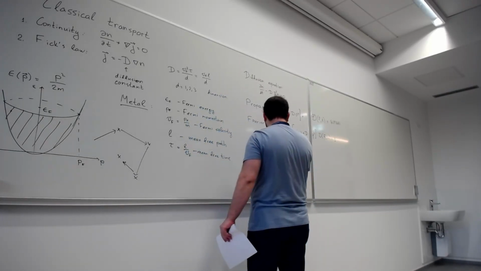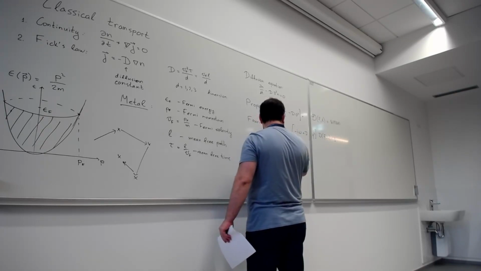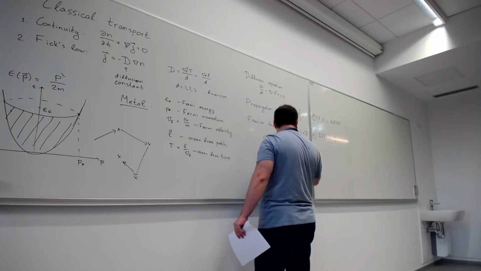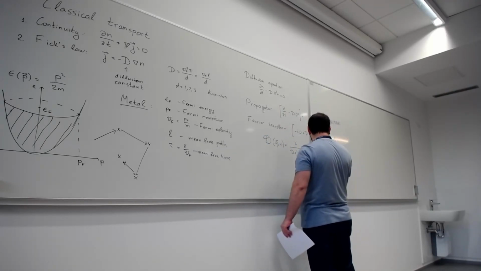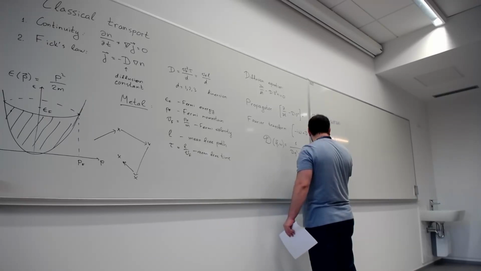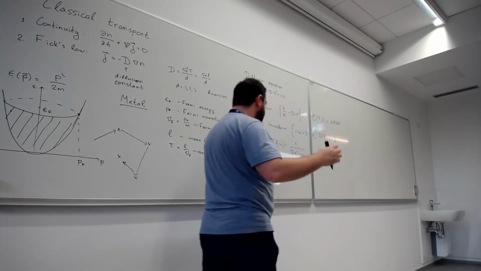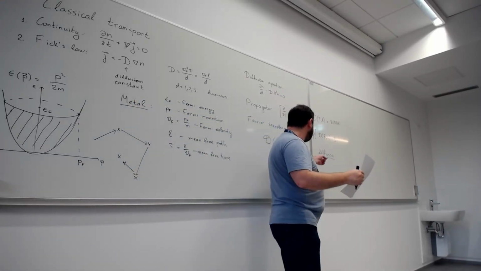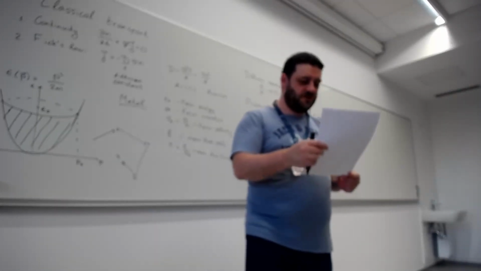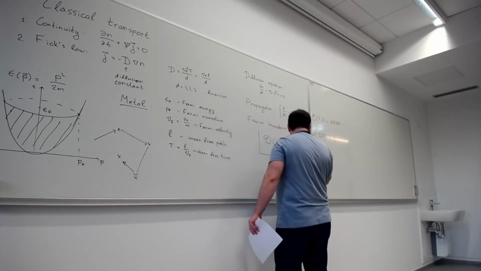And the solution is d of q and omega equals 1 over D q squared minus i omega, and this object has a name called the diffusion. It's like a classical particle, but corresponding to the diffusion equation. So this is a very important thing.